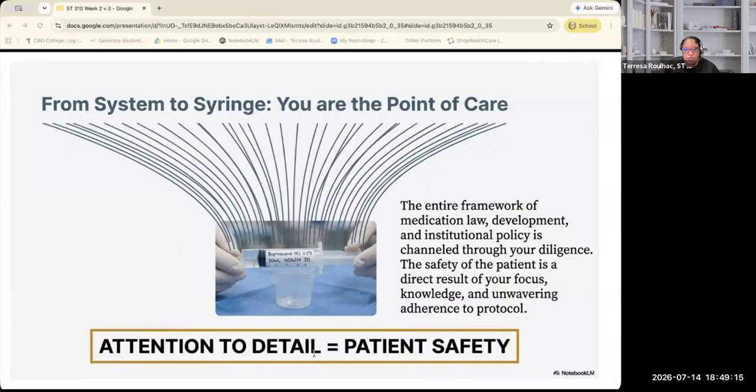Looking at the image, what message do you think it's trying to communicate about our role as the CST? What's in the highlighted box, more specifically?